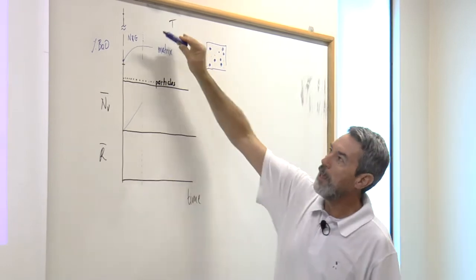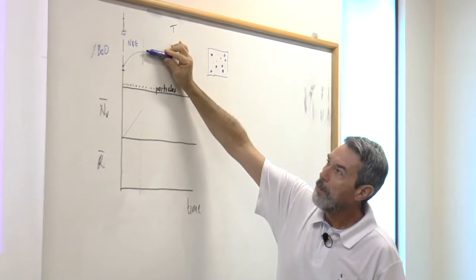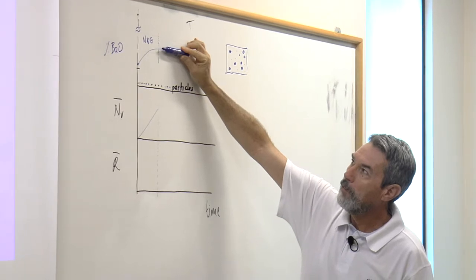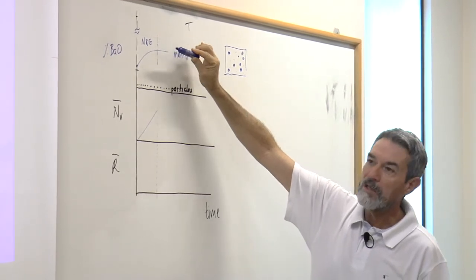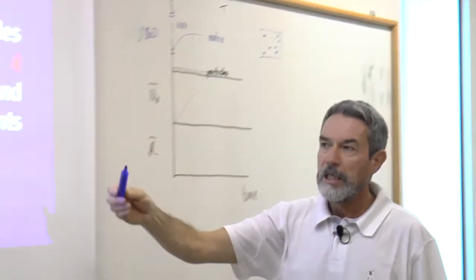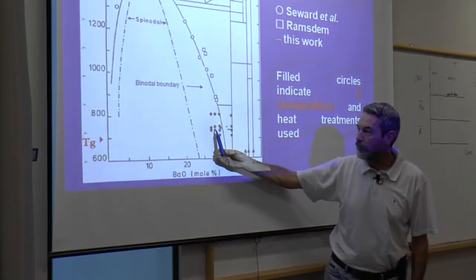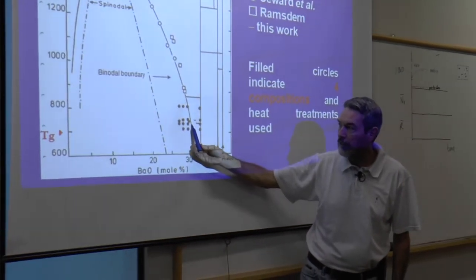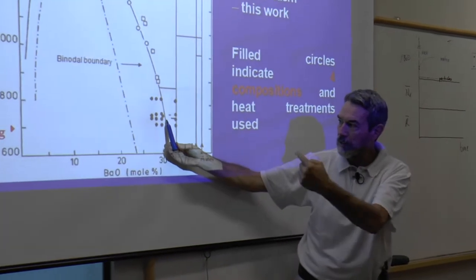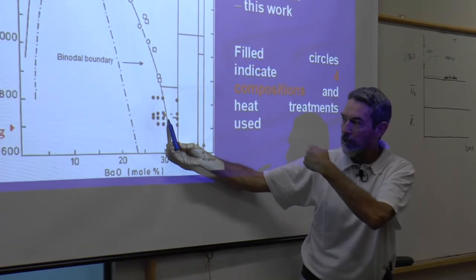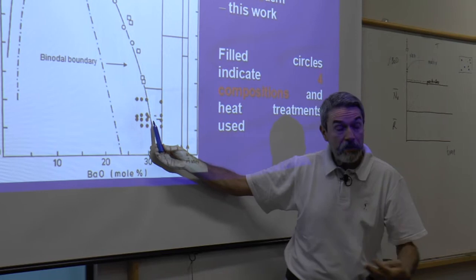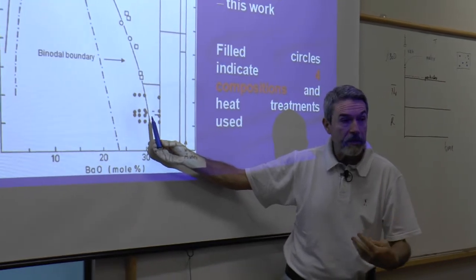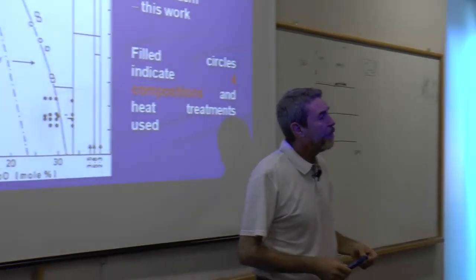But at some stage, the composition of the matrix phase is constant. So the process has reached this boundary here. It cannot go further. But I continue to heat treat. So what happens to the number of particles?